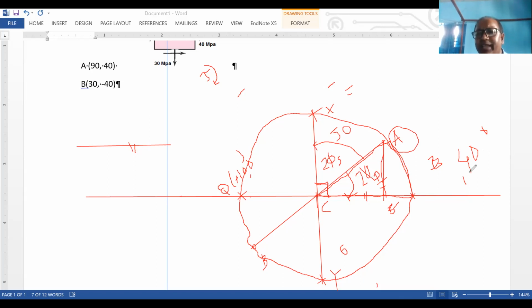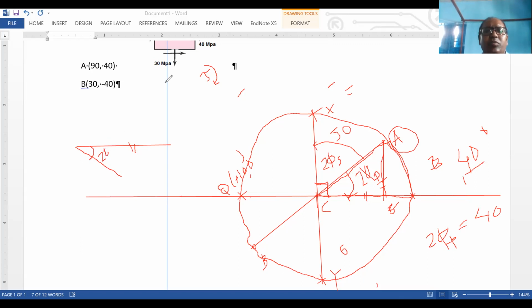Say you got 2 phi p equal to 40, just for example. What is phi p then? 20 degrees. This 20 degrees you need to rotate in the clockwise direction. So I am rotating clockwise. This is my 20 degrees.